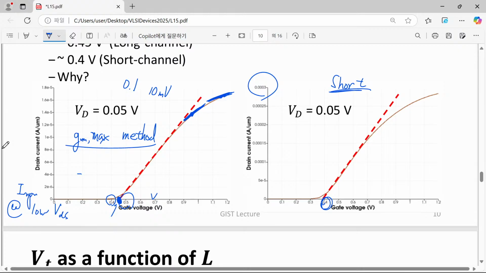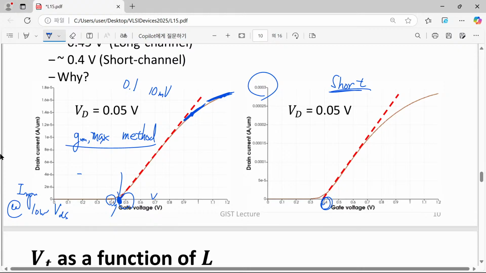No, it is actually quite a big deal. So we have differences in threshold voltage when we just reduce the channel length. When we have a long channel, we had a well-defined threshold voltage, but by introducing a shorter channel, actually our threshold voltage is reduced, even when we apply quite a low drain bias.